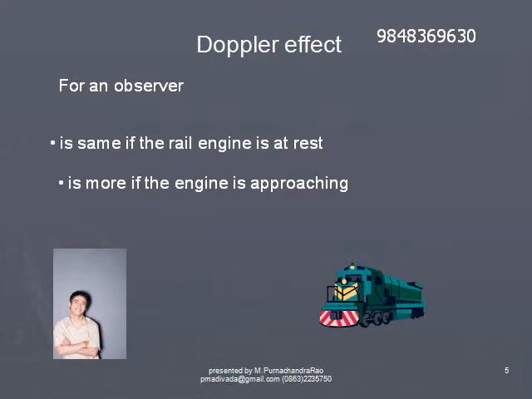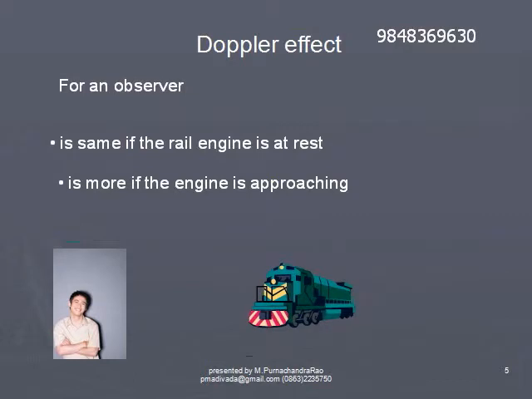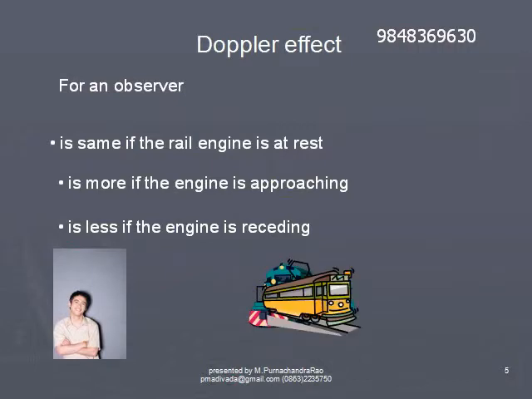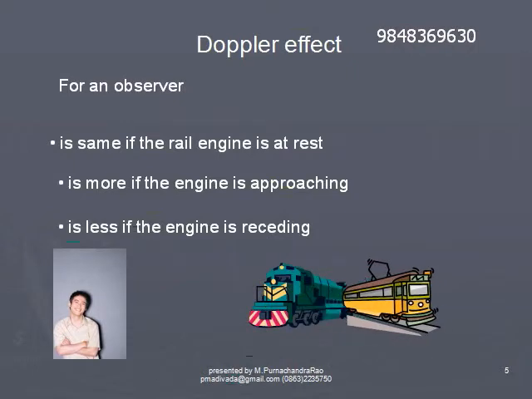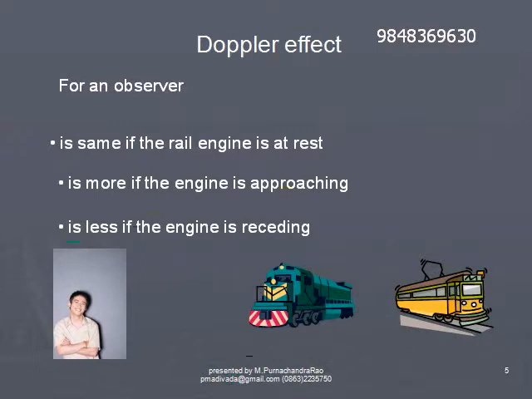If the rail engine is coming towards the passenger, that is called approaching, then the frequency of sound noticed will be greater than the frequency emitted by it. If the whistling engine is receding, then the frequency of sound noticed by the observer will be less than the frequency emitted by the whistling engine.